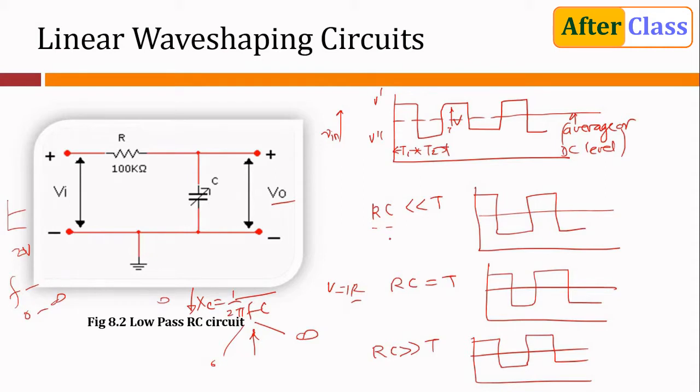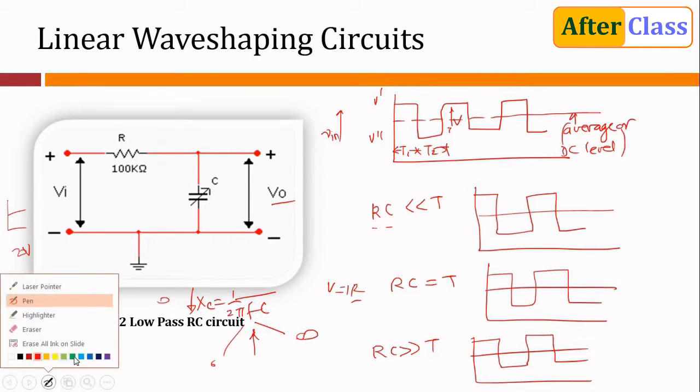How do I calculate it? From the frequency. T is inversely proportional to F. Depending upon the input signal frequency, I am going to get a value of T. R and C are the values of the resistor and capacitor. This has been explained in detail in the next slides.